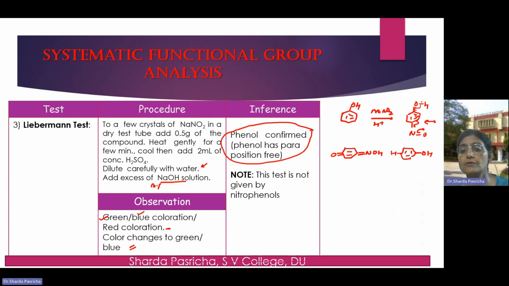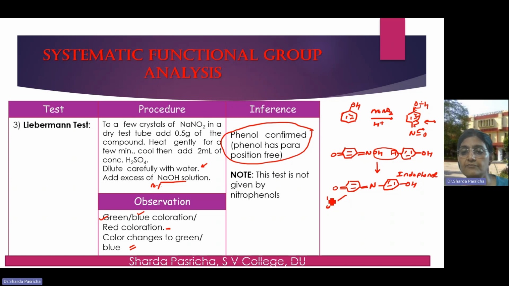There will be a loss of a molecule of water under acidic conditions, and it will give you a compound that is called indophenol. And it is this indophenol which is responsible for that red colored solution in water. Okay, this is indophenol.